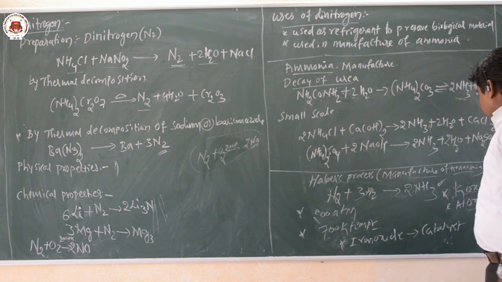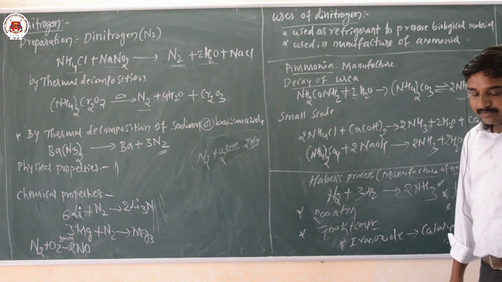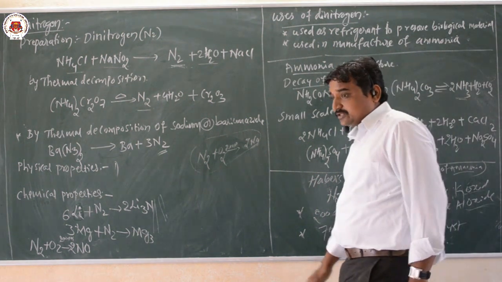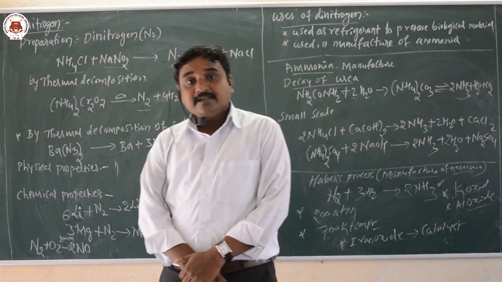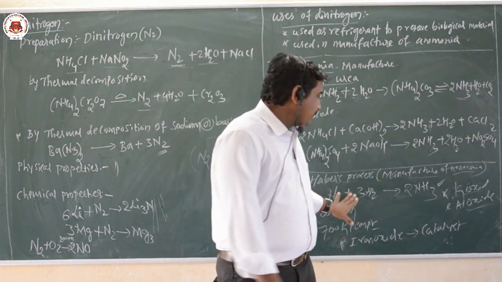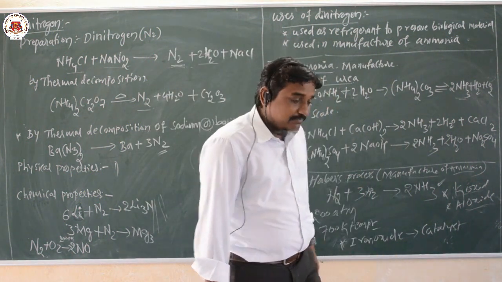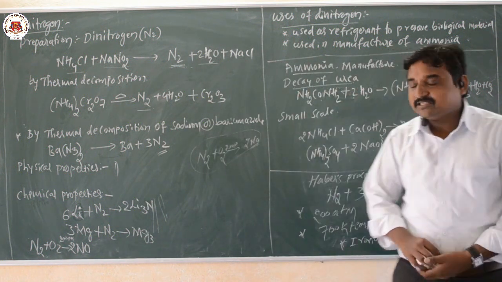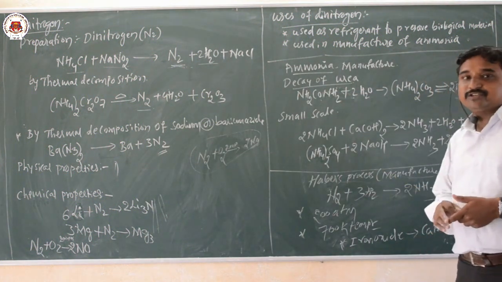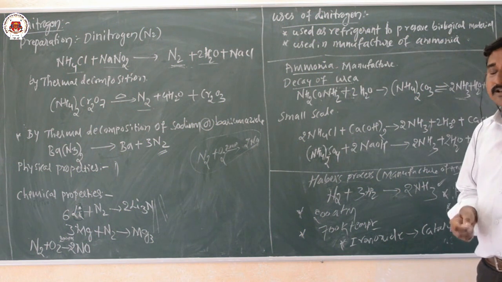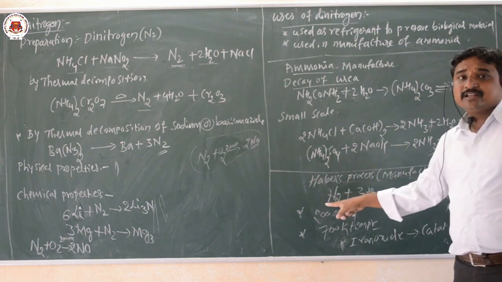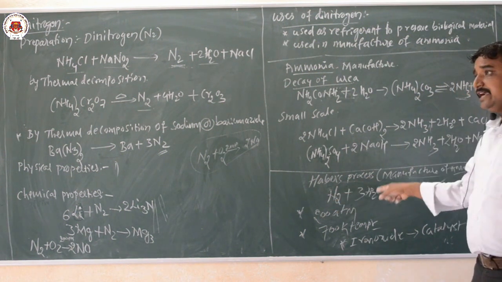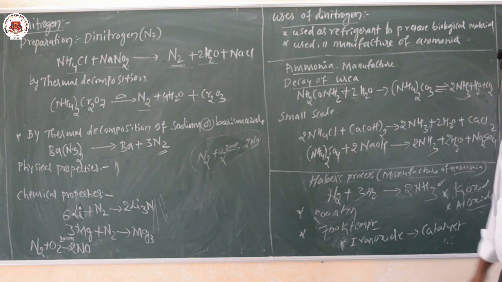These are the promoters, that is potassium oxide and aluminum oxide. So these are the conditions favorable for the manufacture of ammonia. And this is a very important concept, the manufacture of ammonia by Haber's process. It is just a combination of dinitrogen and hydrogen, and there is a formation of 2NH3.